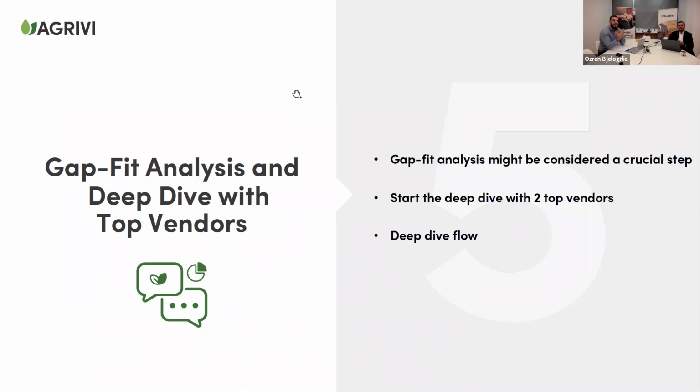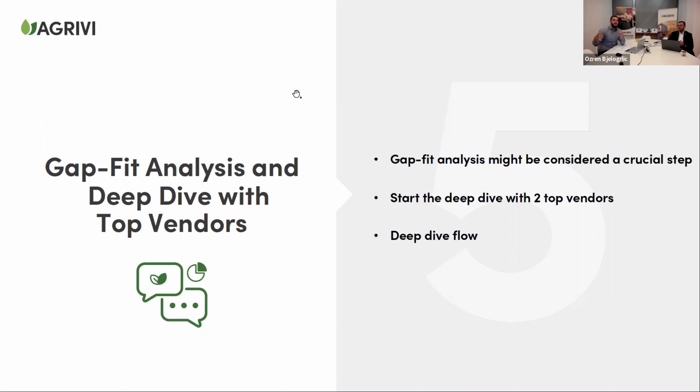Now, the second thing would be to start a deep dive with the top 2 vendors, and we'll talk about it in a second, and also the deep dive flow. The advice for starting the deep dive with top 2 vendors would be that, from the previous slide, you selected the top 5, right?